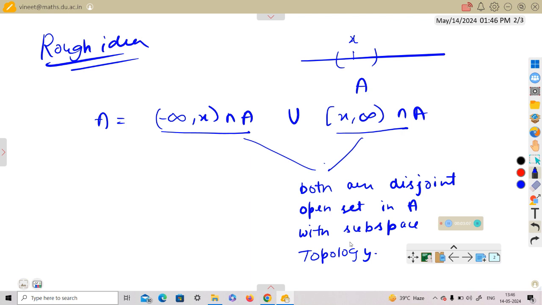So these form a separation. So such a set cannot be a connected set, because we can find a separation like this if it has some element x. So this is the key. This is a rough idea.